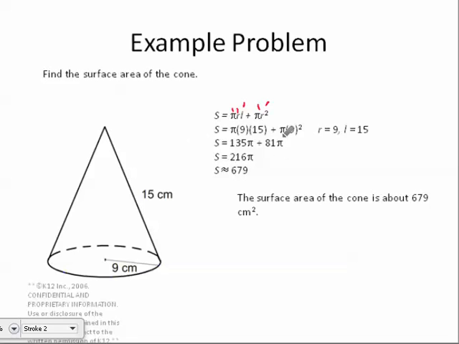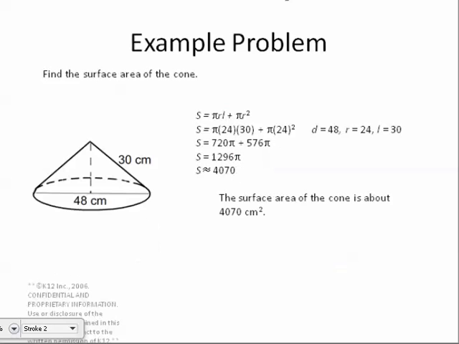That's all there is to it. It's 135 plus 81, and you add those together, you get 216 pi. Then you multiply it by 3.14 if you have to, and you wind up with 679 centimeters squared of ice cream cone. A lot of ice cream cone.